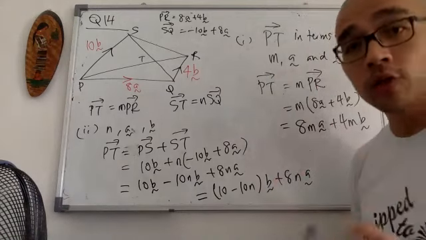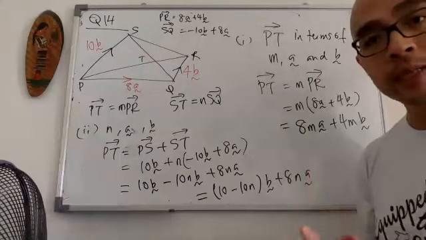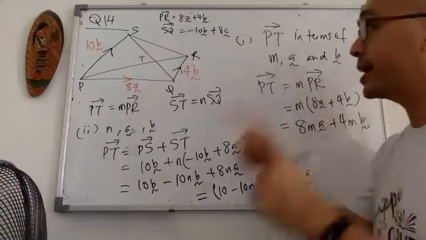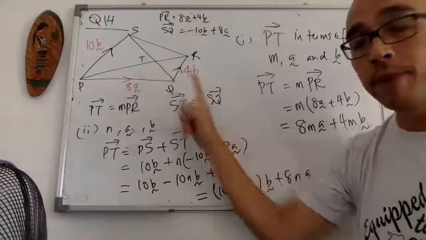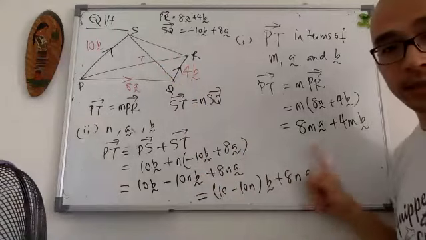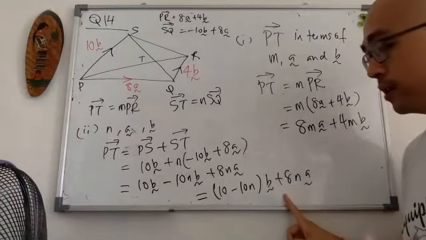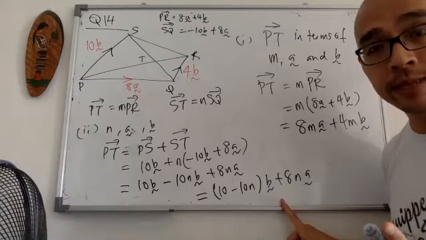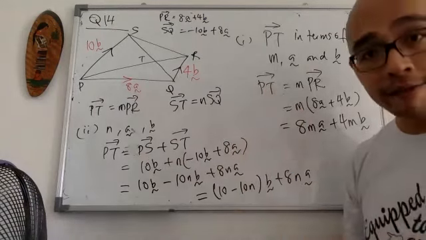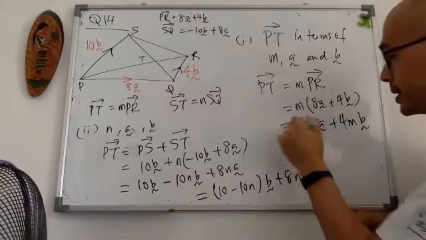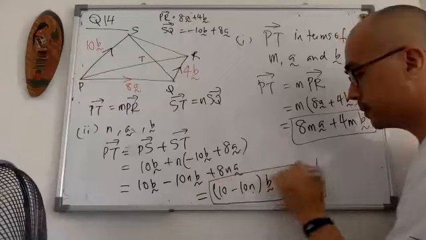Now, what I want you to notice is that in question B, you have expressed PT, the same vector, in 2 different ways. One involves the letter M, and one involves the letter N. Because this is the same vector, I can say that this must be equal to this.